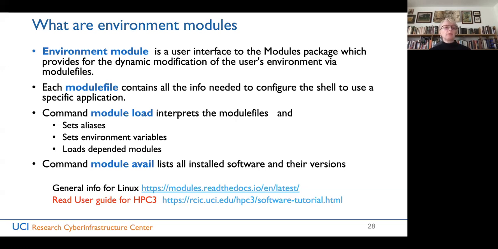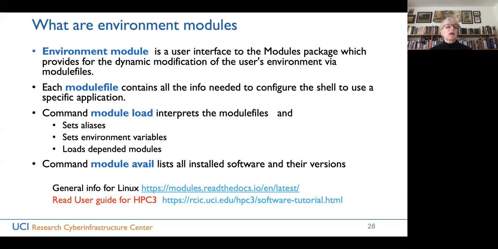Each module file provides all the information that is needed to configure the shell to use a specific application. For example, some applications require specific aliases to be set, others require a set of environment variables, and they also load dependent modules.